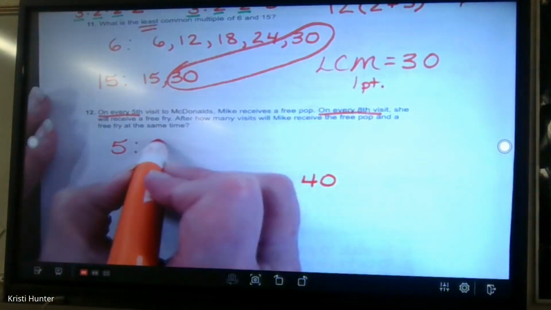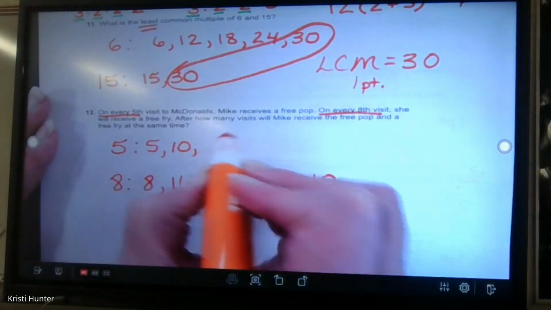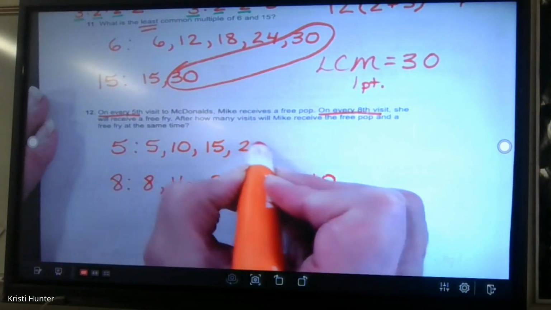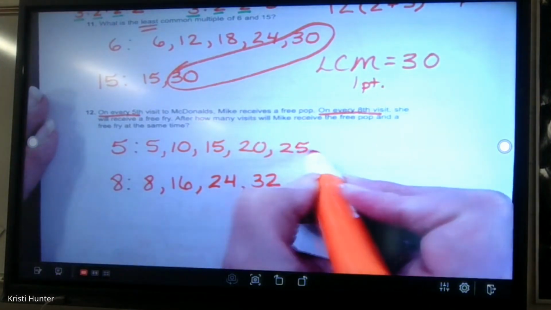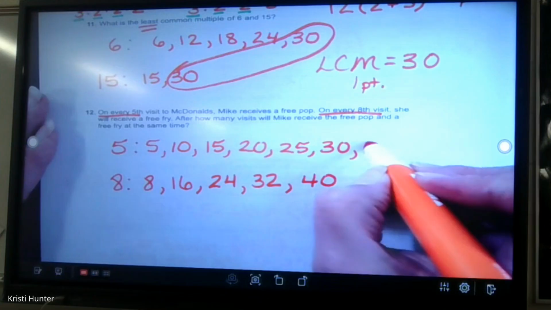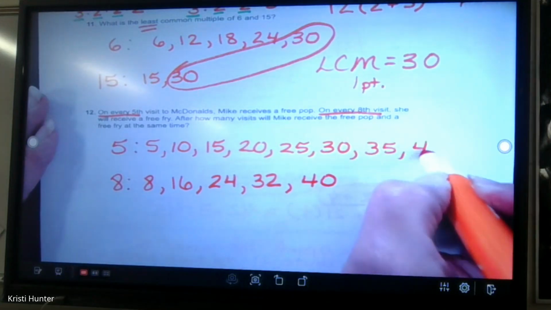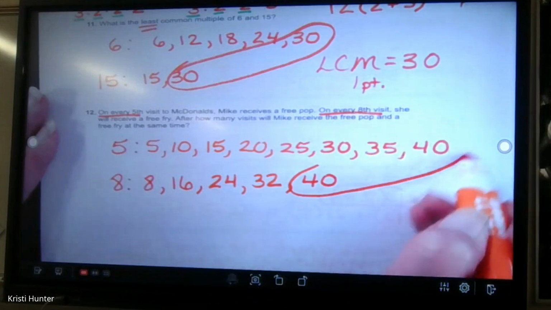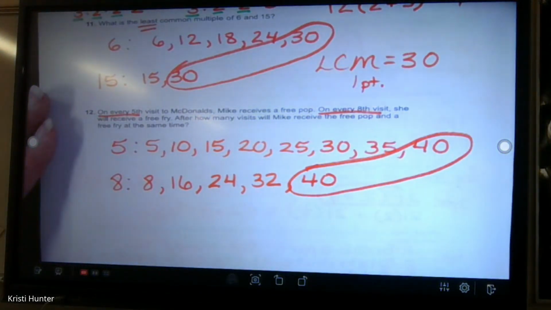Let's check. 5, 10, 15, 20, 25, 30, 35, 40. 40 is the first time they share a number.